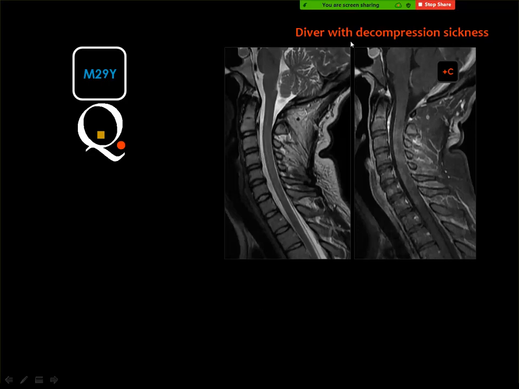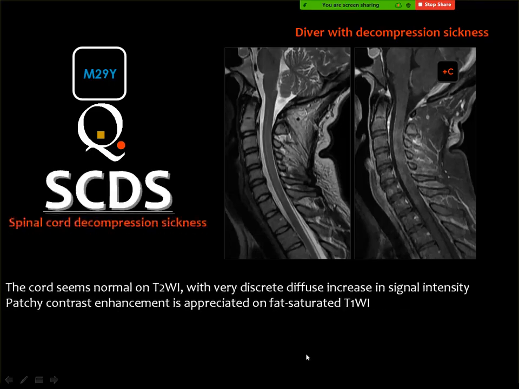But in this history in particular, you know that there is what is known as decompression sickness, and this will result in some embolization of the nitrogen gas in the venous system, and this will impede the blood flow from the cord, and this will result in cord edema, and sometimes if it persists for some time it may lead to cord infarction.